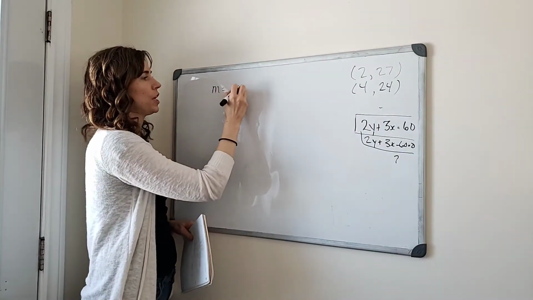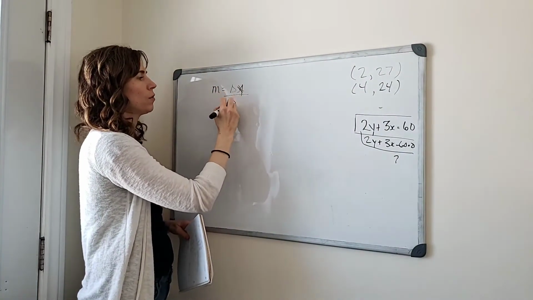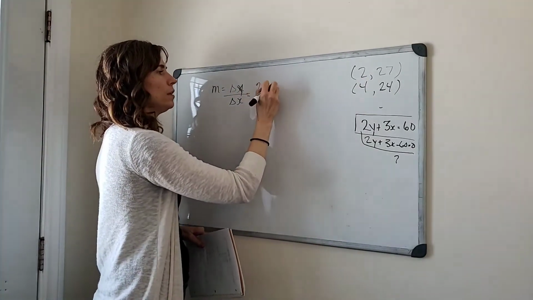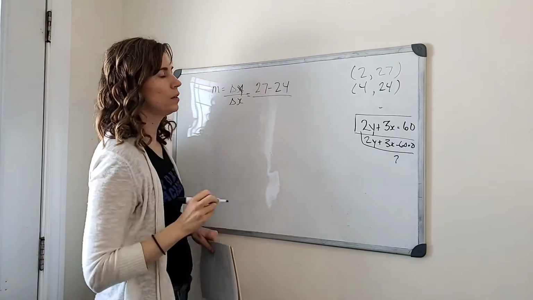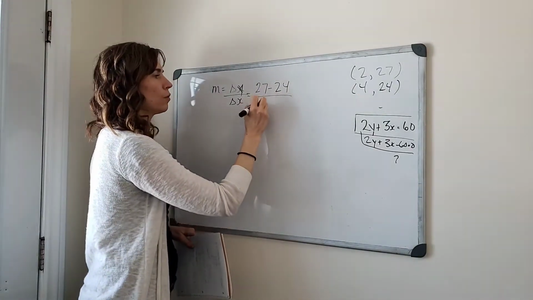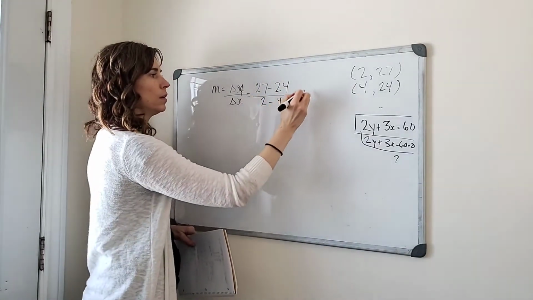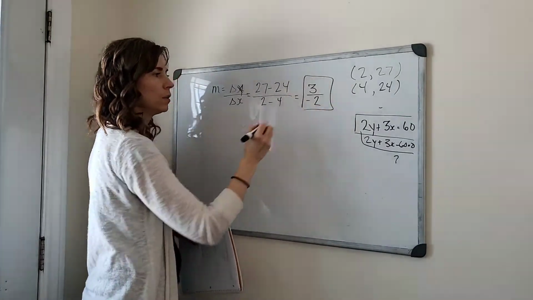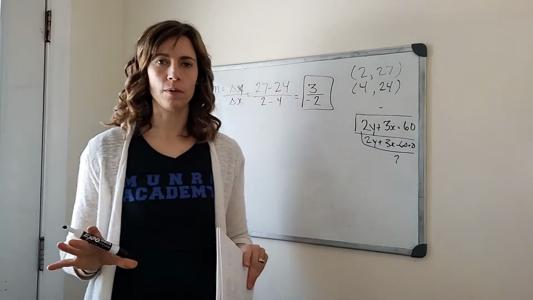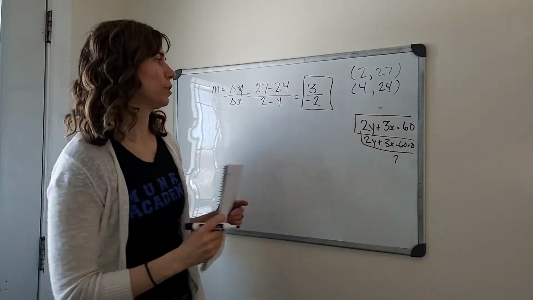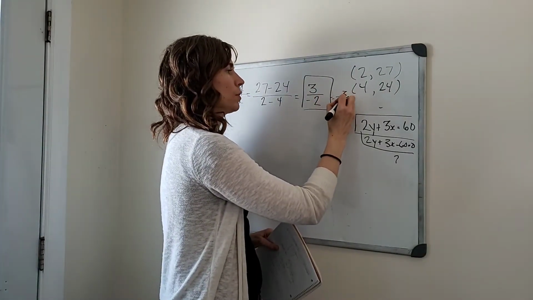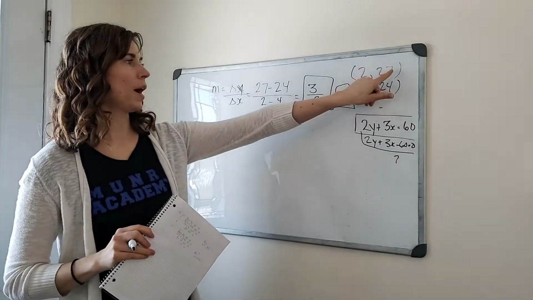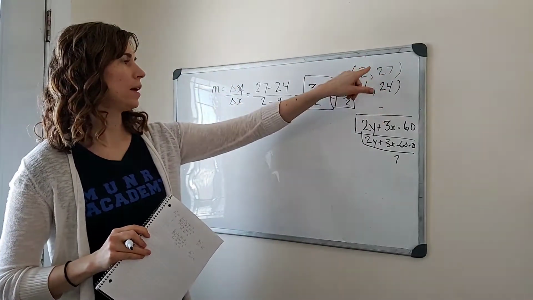We know it's the change in y over the change in x. So let's do our y. 27 minus 24 over 2 minus 4. That would be 3 over negative 2. Okay, so now we have our slope. Negative 3 over 2. That is our slope.